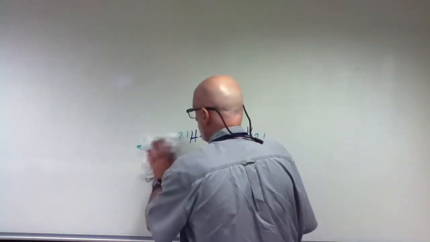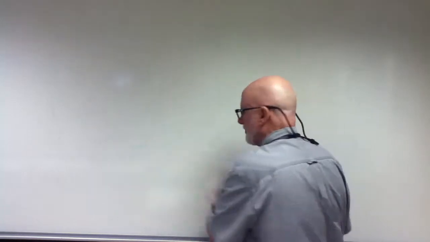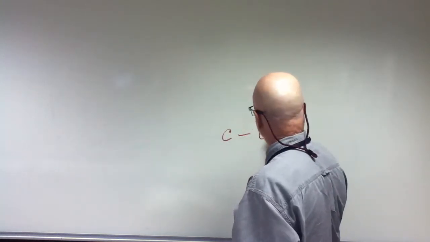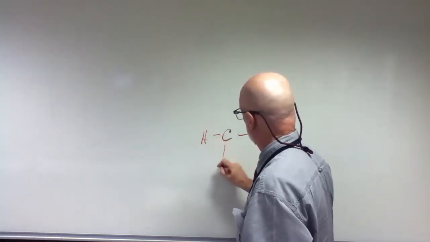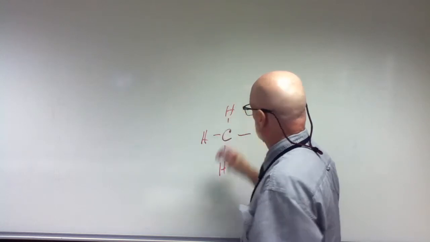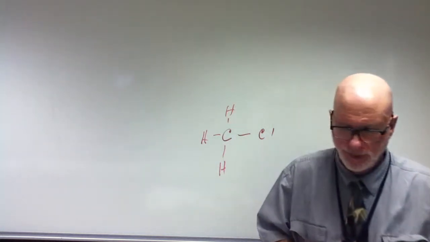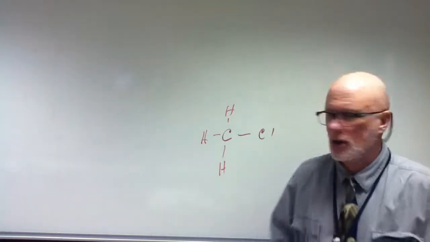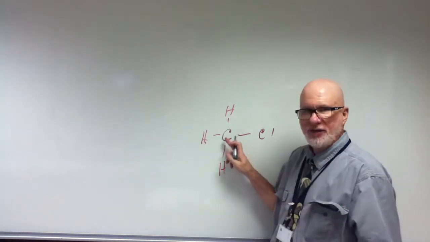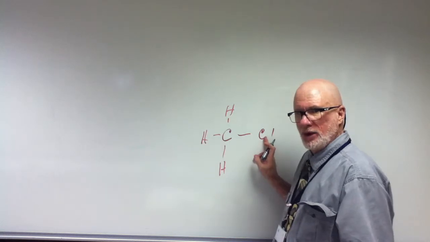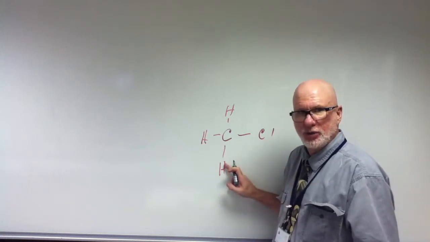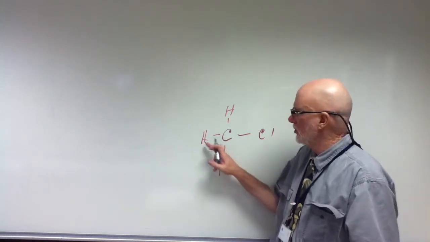So let's speed this up a little bit, and we know that we have shifts. So where are my dipoles here? I know I have shifts, so let's draw the dipoles. 2.5, 3.5, 2.1.